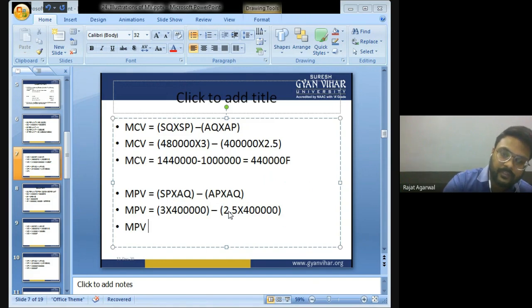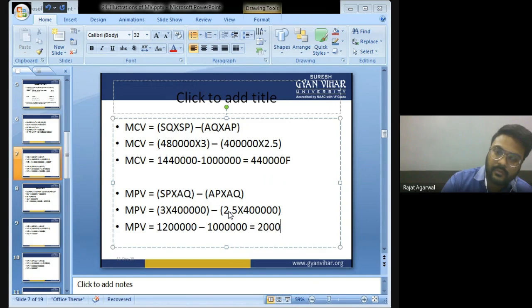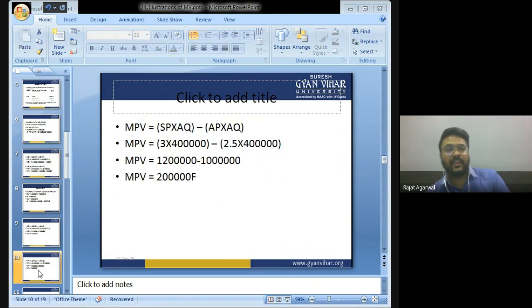That is 12 lakh minus 10 lakh, so 2 lakh favorable. Answer is 2 lakh favorable.